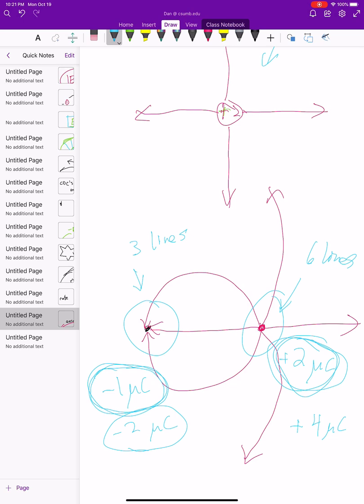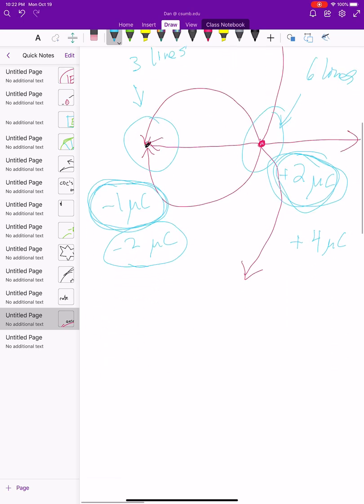And the last thing I want to show you is, what if you had 2 charges that had the same sign? They still have field lines associated with them. So what if they were both negative? I'll make them the same size here. Let's just say they're both -2 microcoulombs. And I would have something like this happening.